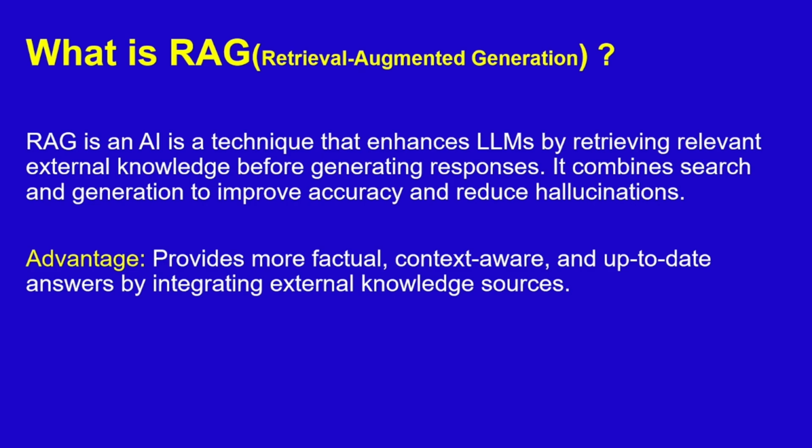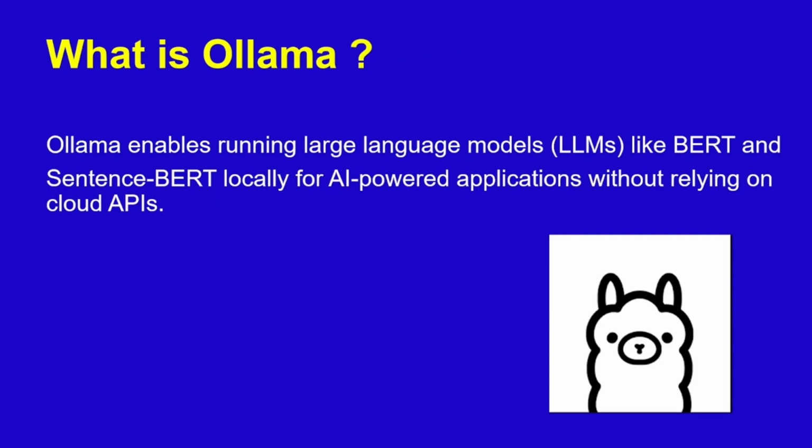To implement this RAG, we are going to use Spring AI. We also need LLMs, but to avoid the cost of API keys, we are going to use Ollama. So now, what is Ollama? Ollama is mainly used to run LLM models like BERT or sentence BERT models locally without buying any API key.